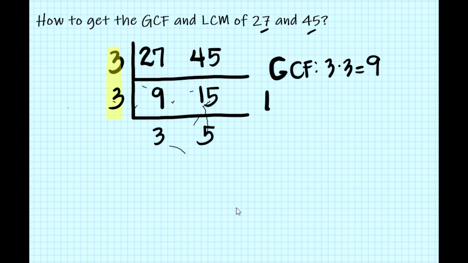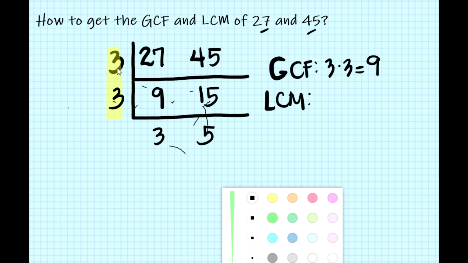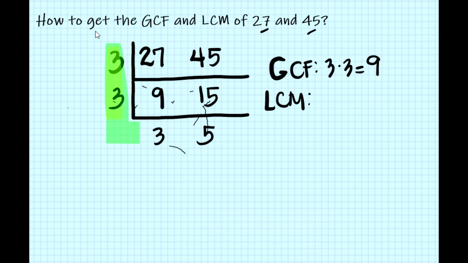And to get the LCM, again, para makuha natin yung LCM, kailangan natin yung numbers dito, hanggang dito, sa baba, forming a letter L for LCM. So that is 3 times 3 times 3 times 5, which will give us the LCM 135. So that's it. Thank you.